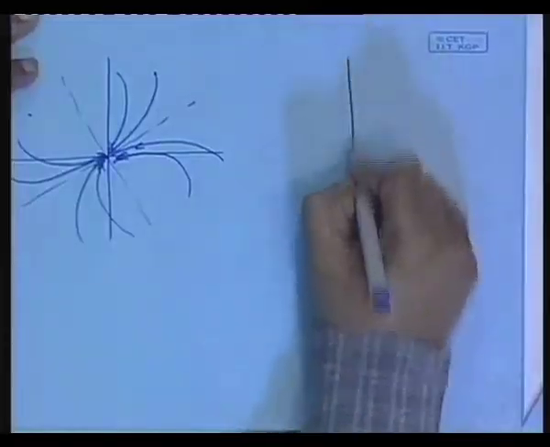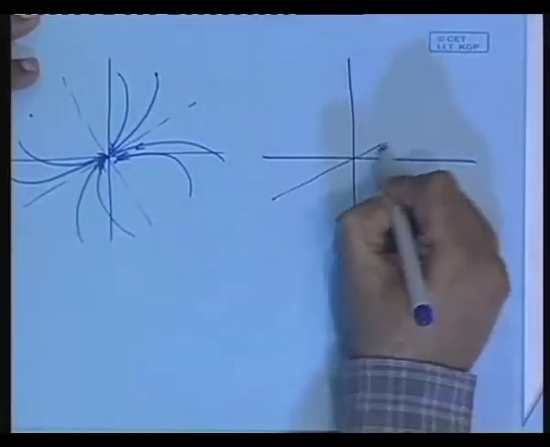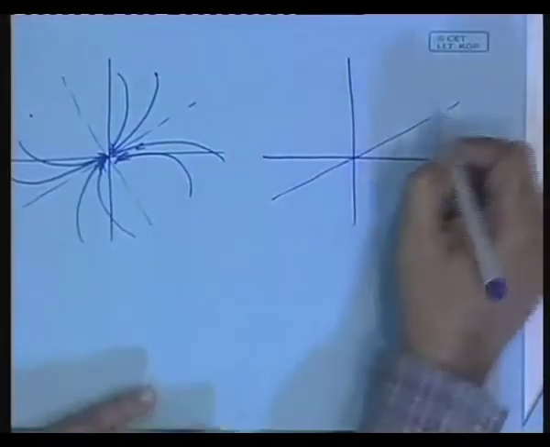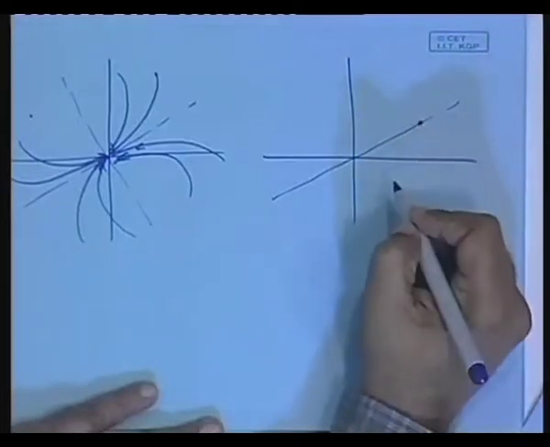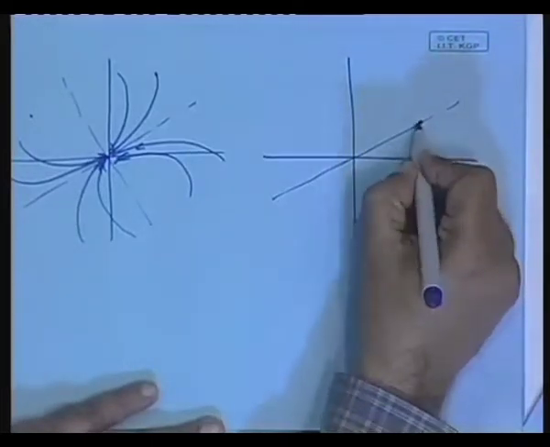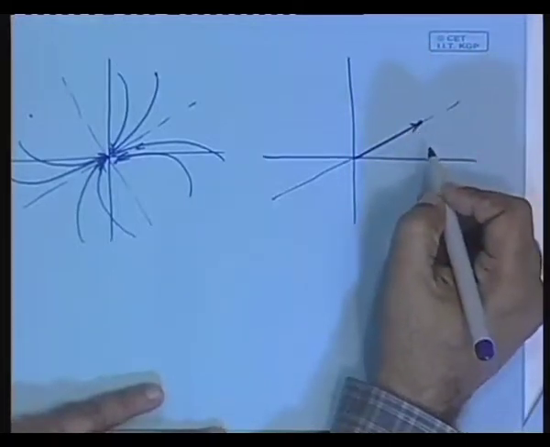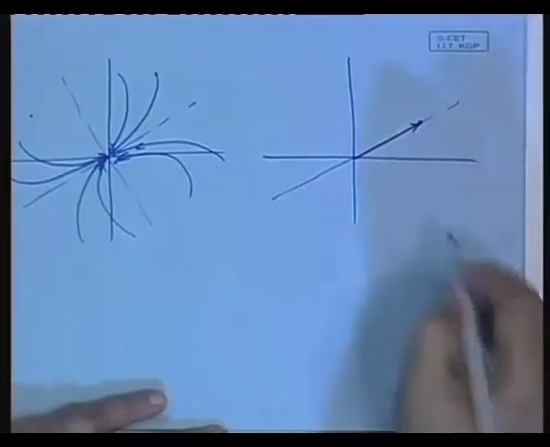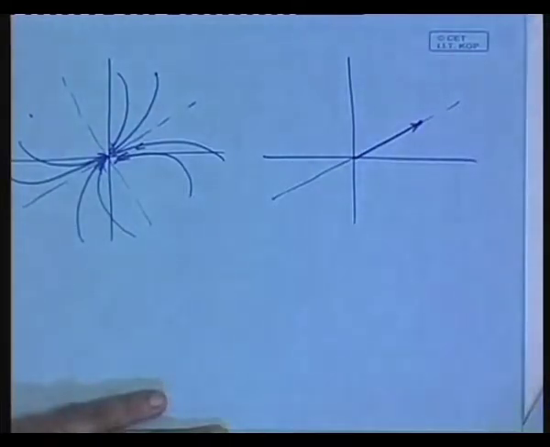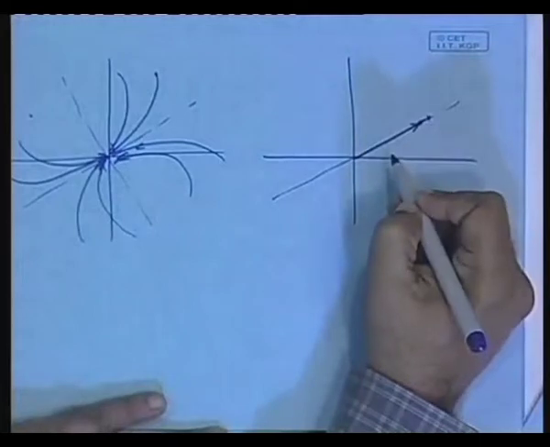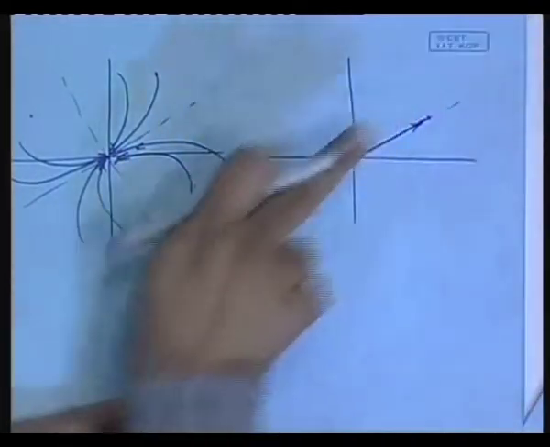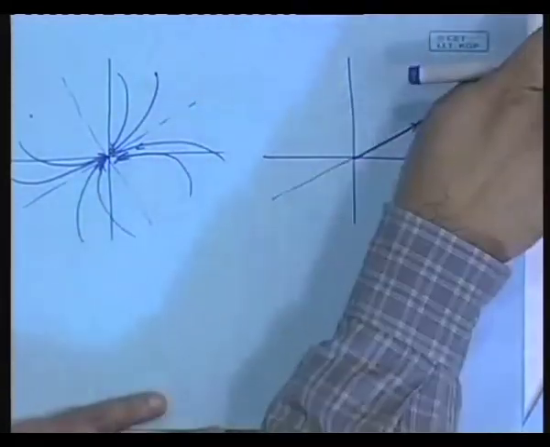Notice the logic. You have got this direction as the eigen direction. Start from this initial condition. If this is the x vector, where is the x dot vector? If it is real and positive, then it will be in the same direction, so that it will go further along that, outwards.